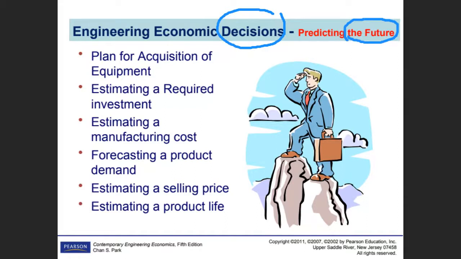Because you have to make a decision, you estimate. Now, these are just some examples. You are planning to acquire some equipment. What is the equipment? It can be a machine, it can be any equipment. If you are a civil engineer, what equipment do you need for construction? You have to plan for a certain project, right?